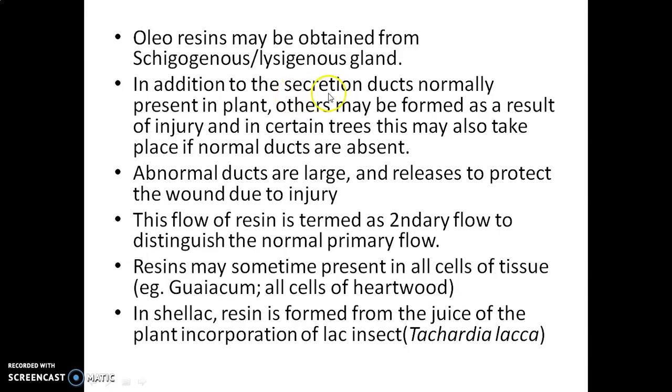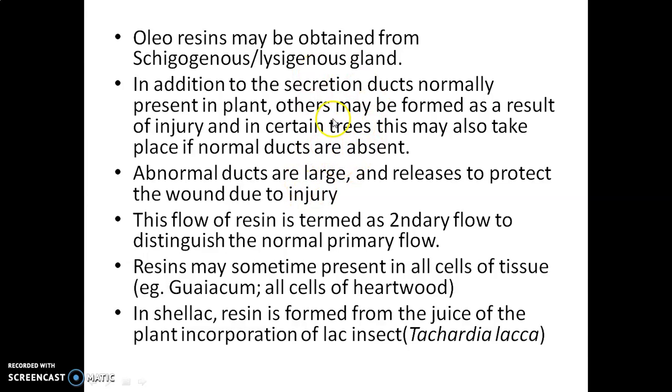In addition to this, secretion ducts normally present in the plant, others may be formed as the result of the injury, that is the injury by natural way or man-made injury. In certain trees, this may also take place if normal ducts are absent.